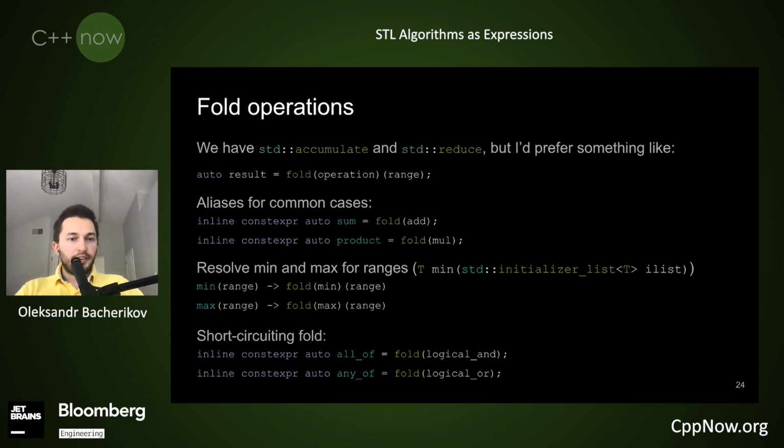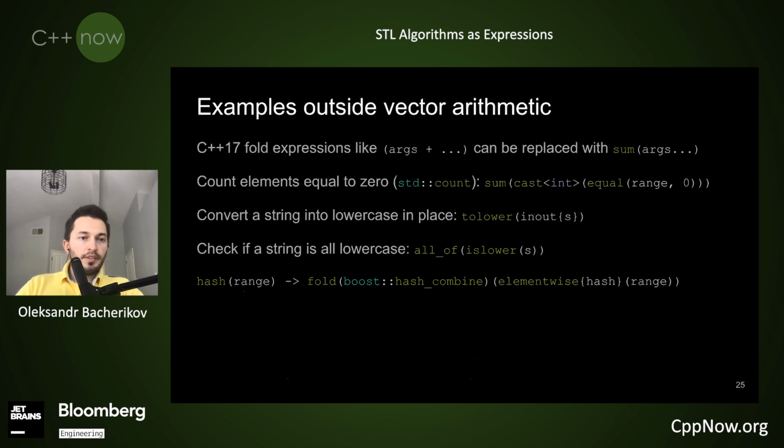Now, let's see what we can do with this. And let's look at examples outside just vector arithmetic. In C++17, we got fold expressions with specific syntax. But if we make our fold operation constexpr, I think they can be replaced with just a function call syntax.